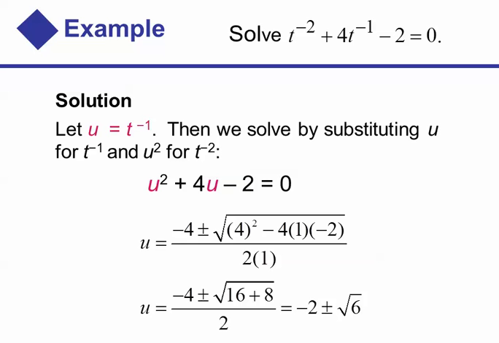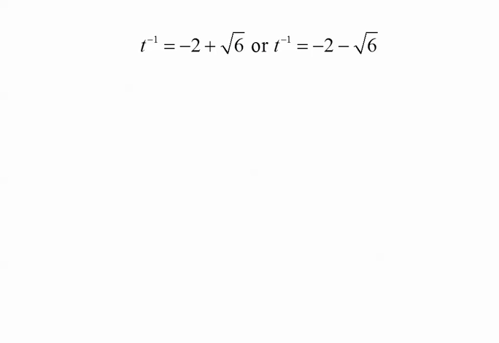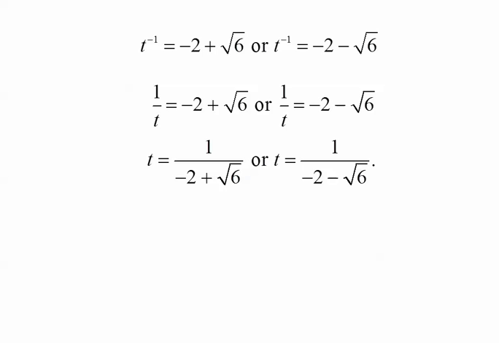But u is t to the -1. So we're going to separate these out into the two separate solutions, -2 plus the square root of 6 and -2 minus the square root of 6. And t to the -1 equals those. Which means 1 over t equals those. That's what t to the -1 means.